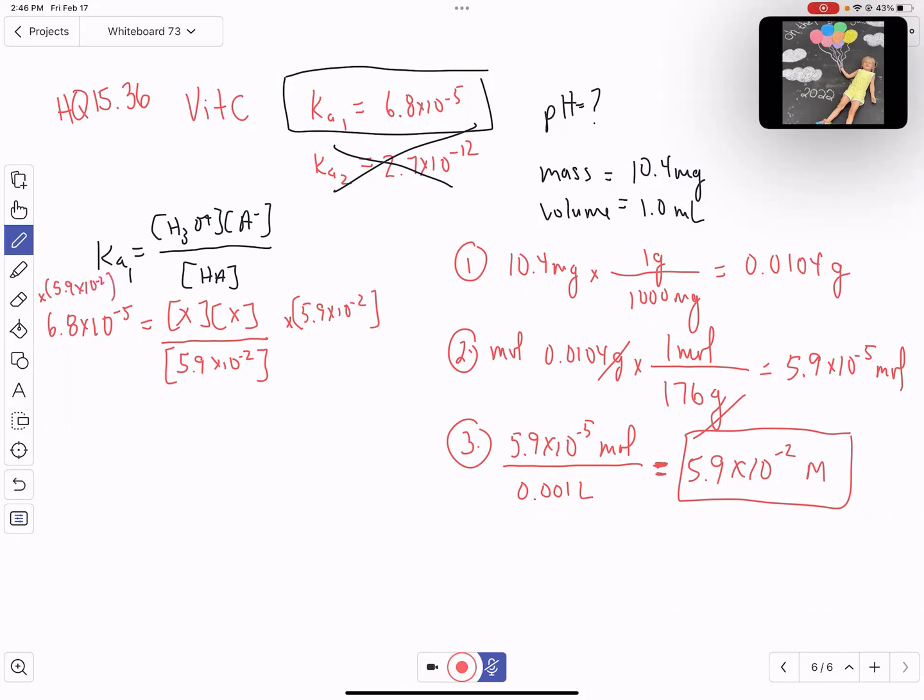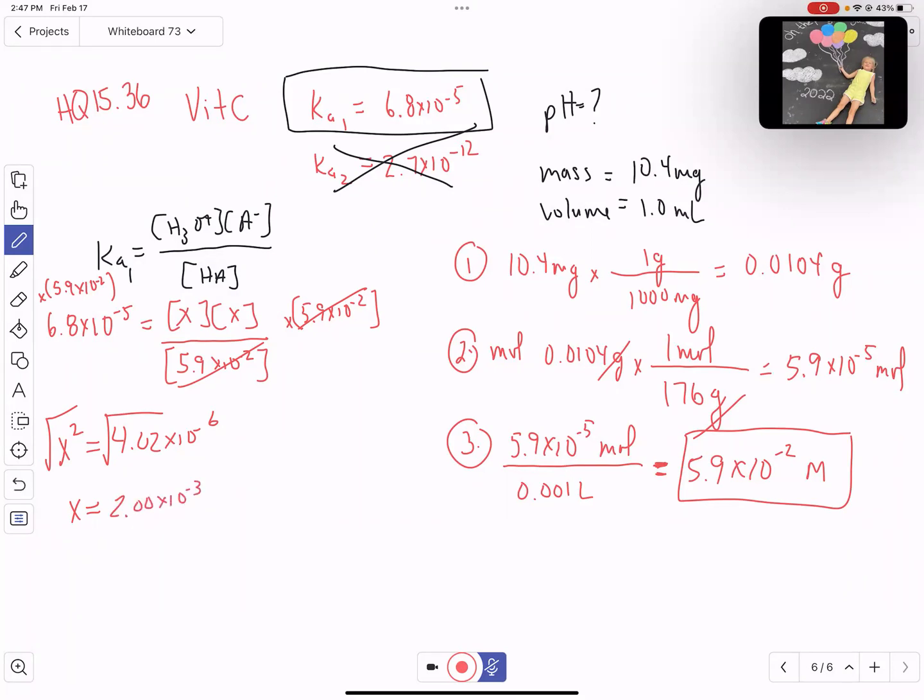I get x squared equals, that cancels out, so times 6.8 times 10 to the minus 5. I get x squared equals 4.02 times 10 to the minus 6. Square root of that, and x equals 2 times 10 to the minus 3.